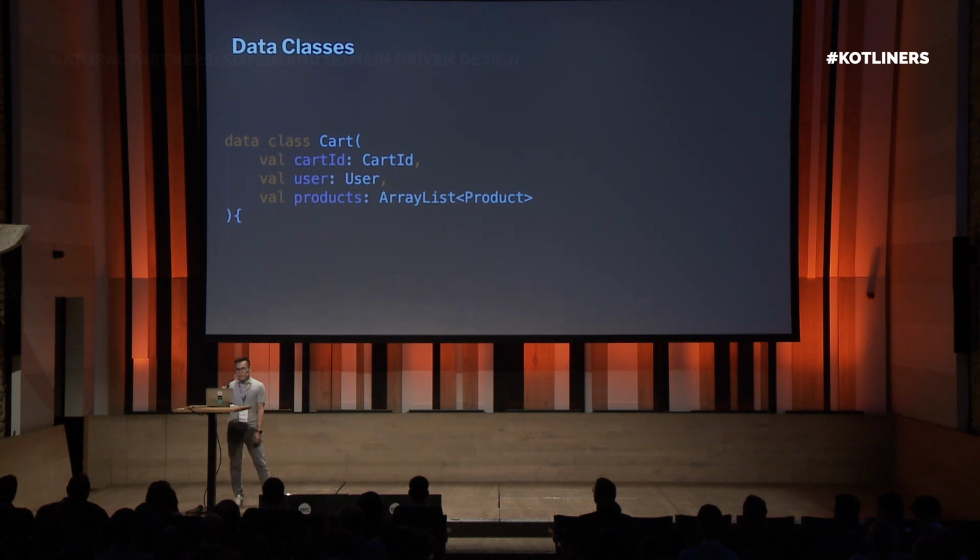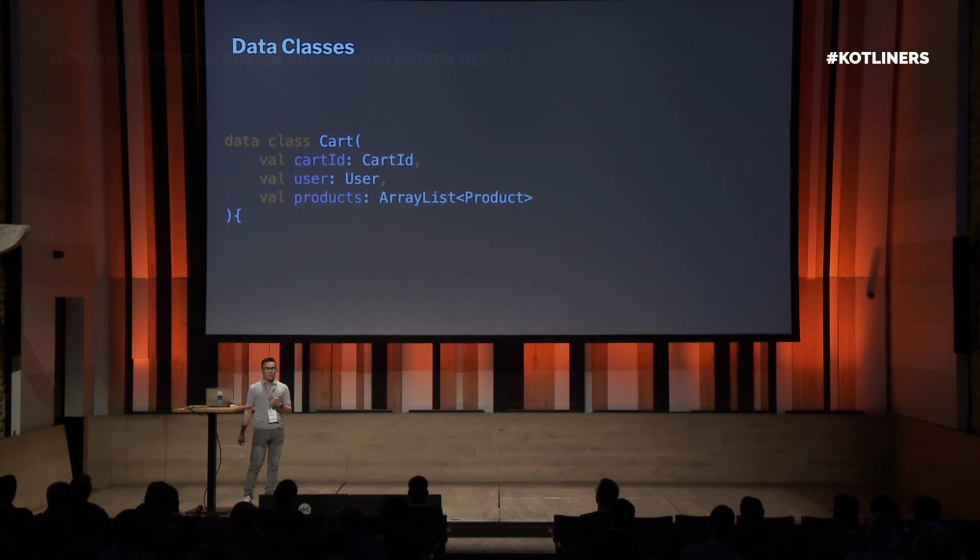I am personally a fan of vals, final variables in Kotlin, because they're immutable, and I like immutability. It gives you the possibility to not worry about multi-threaded programming, right? It also gives you the possibility to at least try to write functions which have no side effects.